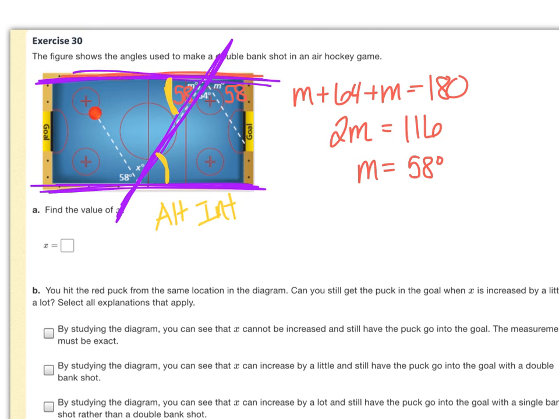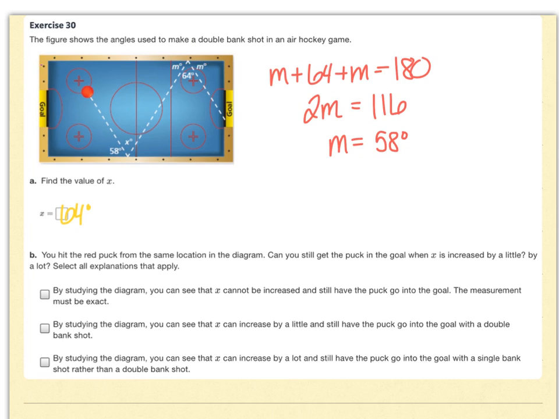For that reason, I know they're congruent, so I know this has to be 58 degrees. And then I could do the math again, but we can actually tell 58 plus 58 plus 64 equals 180. So x is going to equal 64 degrees.